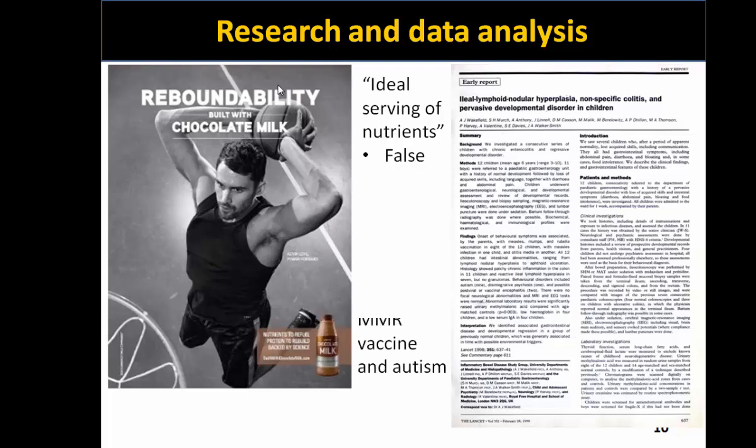Now, there was another research study that linked the measles, mumps, and rubella vaccine that we often receive as very young children and autism, in that the vaccine is a cause of autism in children. And this research study generated a great deal of concern at the public level. The problem is that this claim was false.